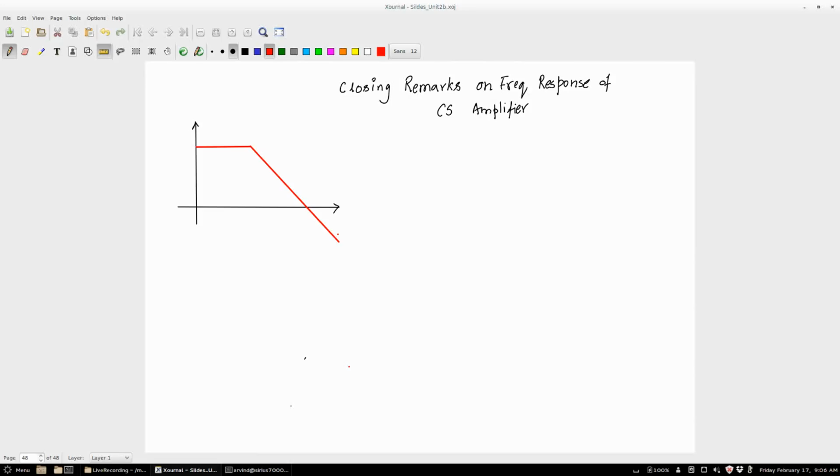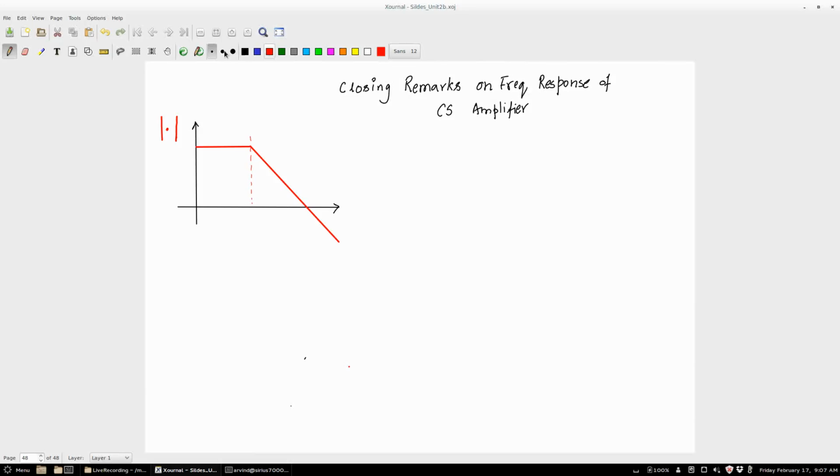Then after omega 1, what happens? It falls off, at 20 dB, after that at 40 and at 20. But for all practical purposes, once it starts falling off, you are not interested in going further, right? So this is the bandwidth of the amplifier, correct?